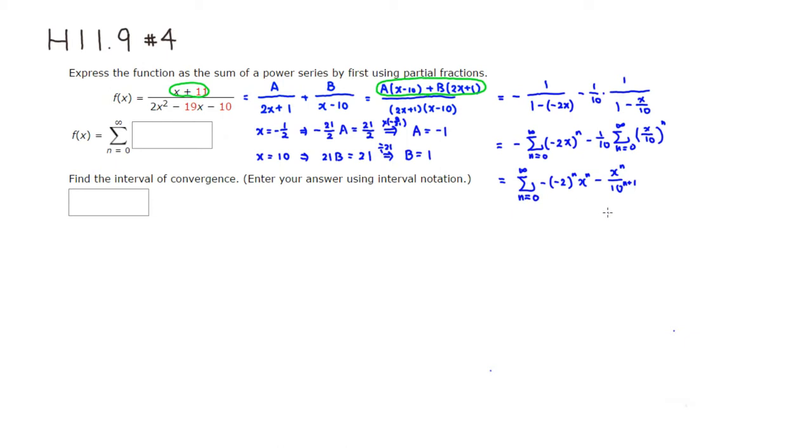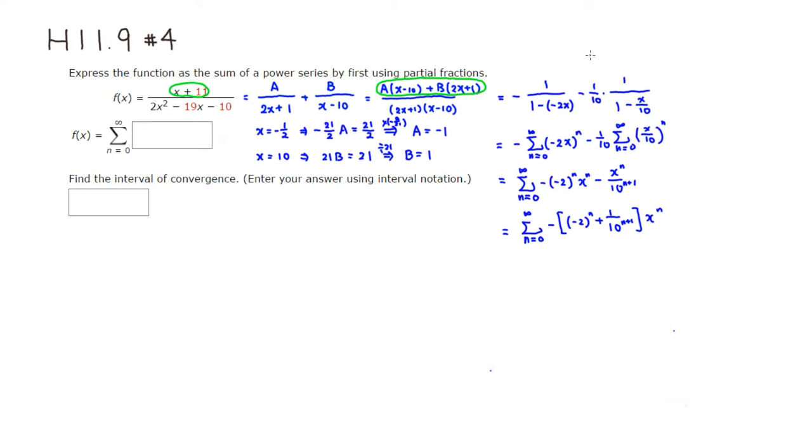We can consolidate those, and I'm going to put the negative sign out front. So it's a summation from 0 to infinity of negative, negative 2 to the n plus 1 over 10 to the n plus 1, times x to the n.